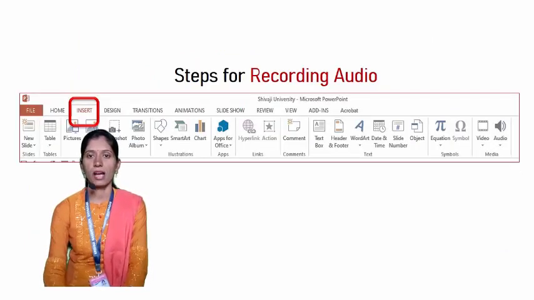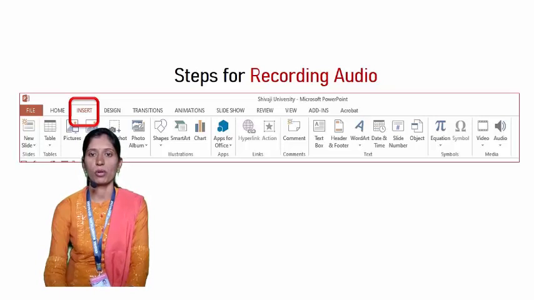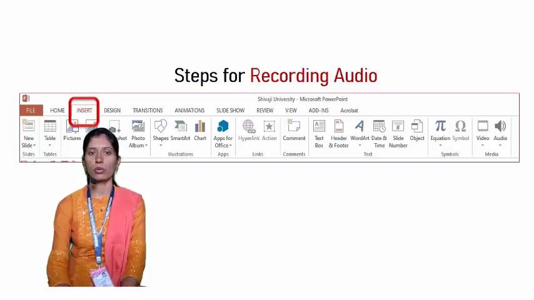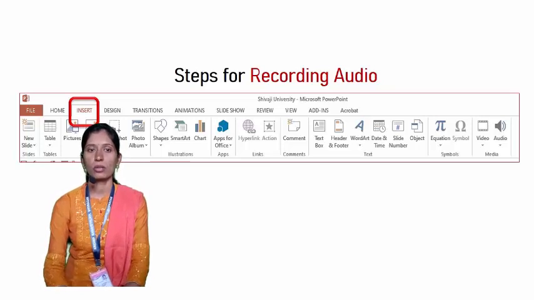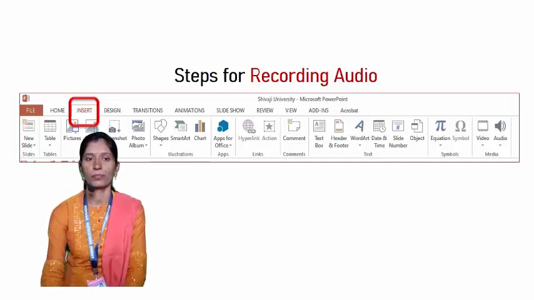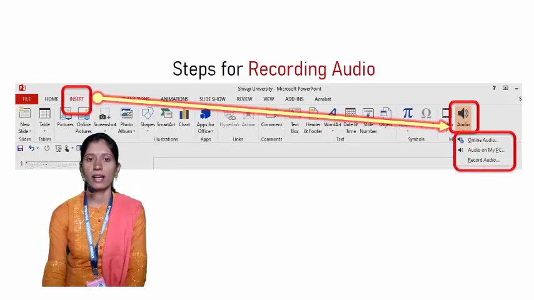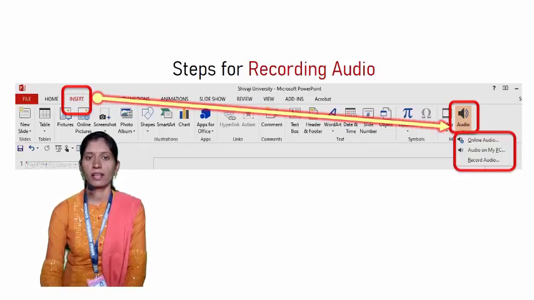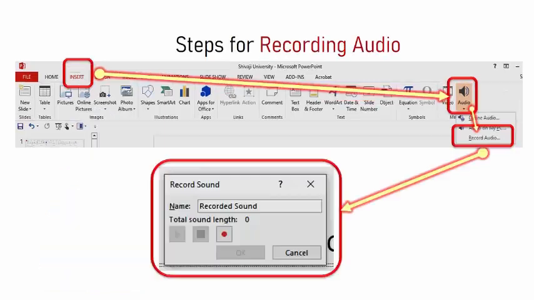Now we will see how to record audio for a PowerPoint presentation. Select the slide to which you want to record audio. To record audio for the selected slide, click on the Insert menu. You will find the Audio submenu under the Insert menu. Click on it. Then click on the Record Audio option available under the Audio submenu.